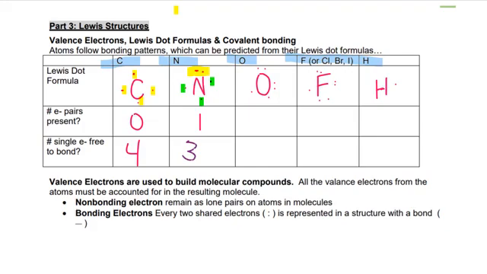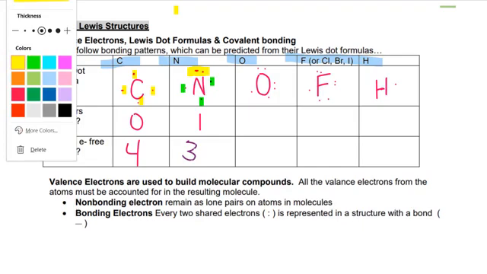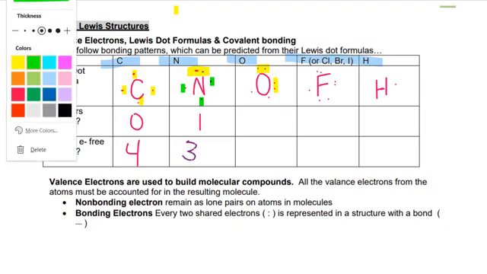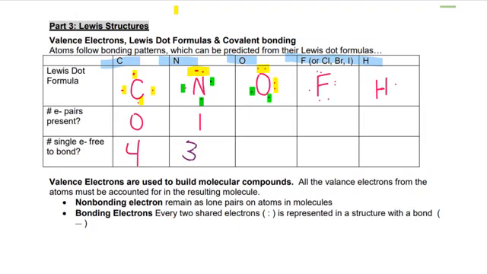And then if we look at oxygen here, I've got how many electron pairs? Well, 1, 2. I've got 2 electron pairs and 1, 2 single electrons. So 2 electron pairs and 2 single electrons.